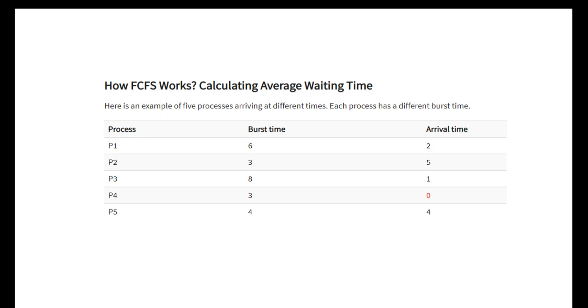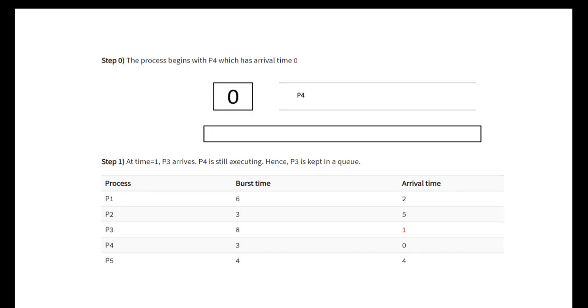First, the process begins with P4, which has arrival time 0.